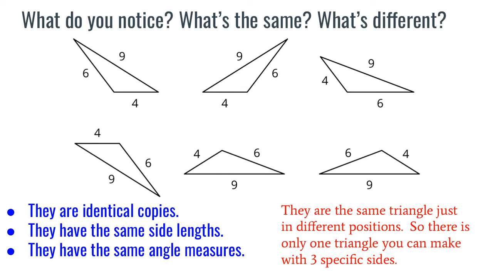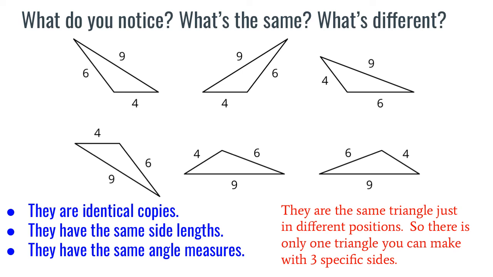So all the angle measures are the same compared to each other. It doesn't mean all the angles are the same in each triangle, but it just means that if you were to pick a corresponding angle, they would be the same. So what you have is we don't have 6 different triangles. We just have one triangle. They are the same triangle, just in different positions.